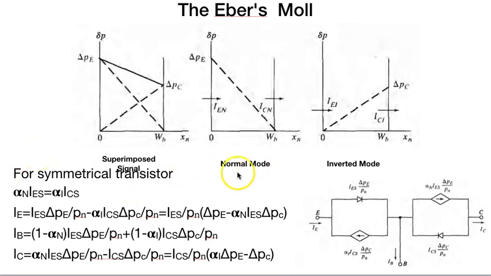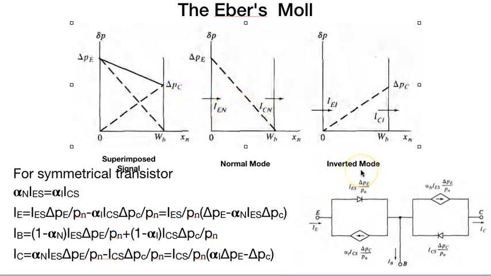We can see that a normal mode representation is where I have mostly taken the section of the base region WB. 0 to WB is the base region or the base width, where in the forward bias normal mode, the change in concentration of emitter region charge carriers decreases and becomes 0 on reaching WB. The current is constant, maintaining IEN and ICN over the device.